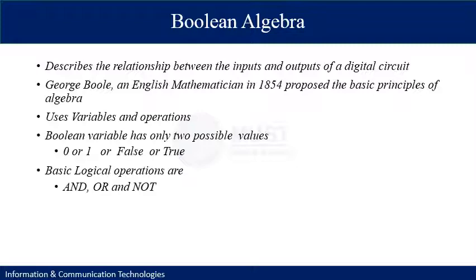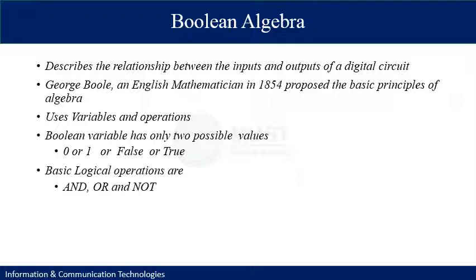So another way to perform operations on binary values is using Boolean algebra. Boolean algebra describes the relationship between the inputs and the outputs of a digital circuit. It was presented by George Boole, an English mathematician, in 1854, and is based on the basic principles of algebra.